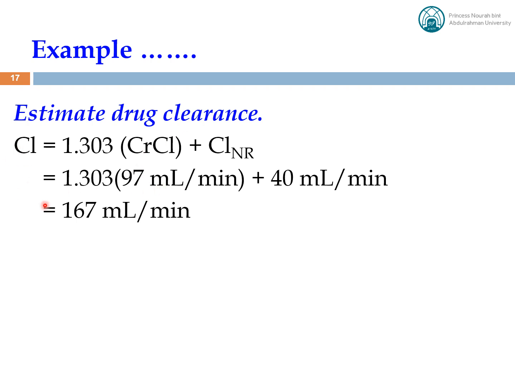So here we are calculating digoxin clearance from the corrected creatinine clearance, which has been previously calculated as 97 milliliters per minute. So the drug clearance value will be 167 milliliters per minute.